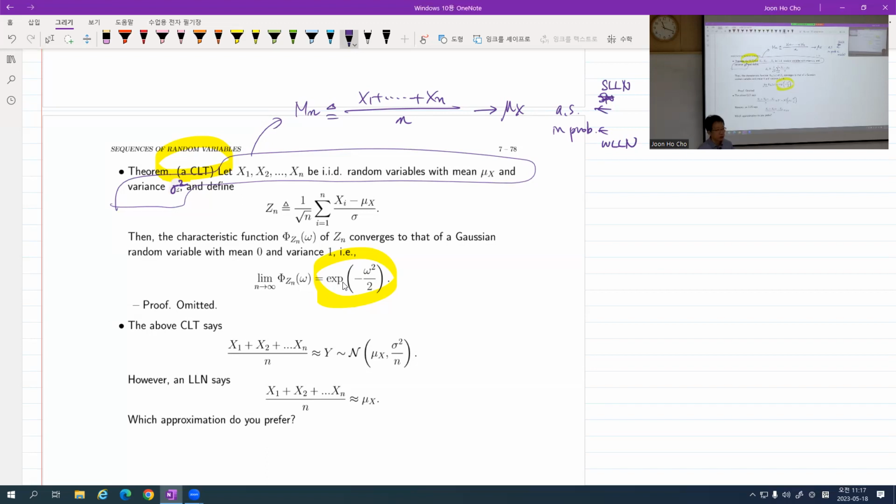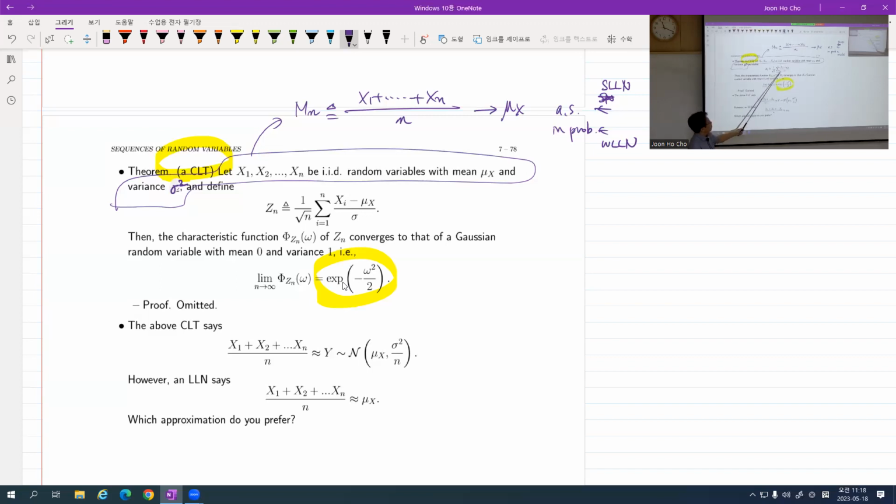As I told you, you had better prove the central limit theorem using standard Gaussian, which has zero mean and unit variance. The reason why I emphasize this is that I want to avoid your making any mistake. So this division by sigma is not necessary, but just let's do that.